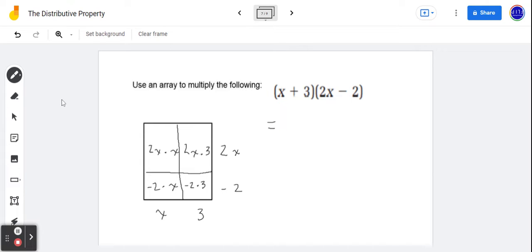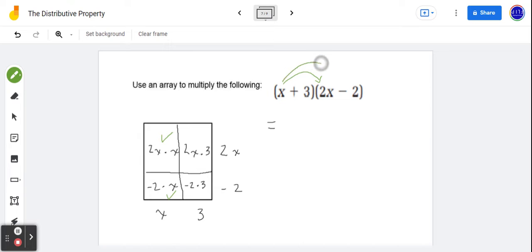So what I'm going to do is go back to the expression here, and I'll just sort of model what we were doing with the array. So if you look at your top left, I'm just going to focus on this one here, put a little check mark on that. What we're doing is we're multiplying the x and the 2x. And then also, let's focus on the bottom left, the negative 2 and the x.